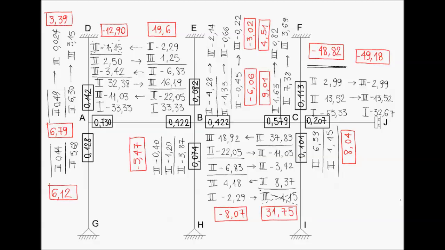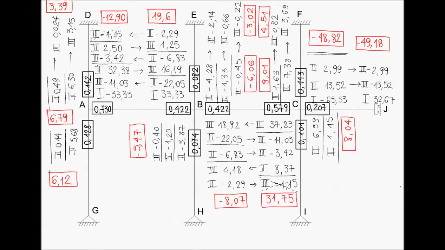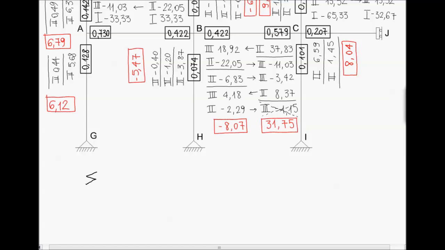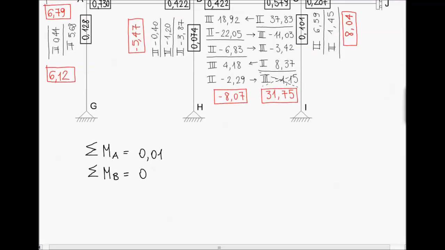If we now want to check the equilibrium at the nodes, we can sum up all the bending moments in node A, and we obtain an error of 0.01. Then we can do the same thing for node B, and we have 0, so it is perfectly balanced.